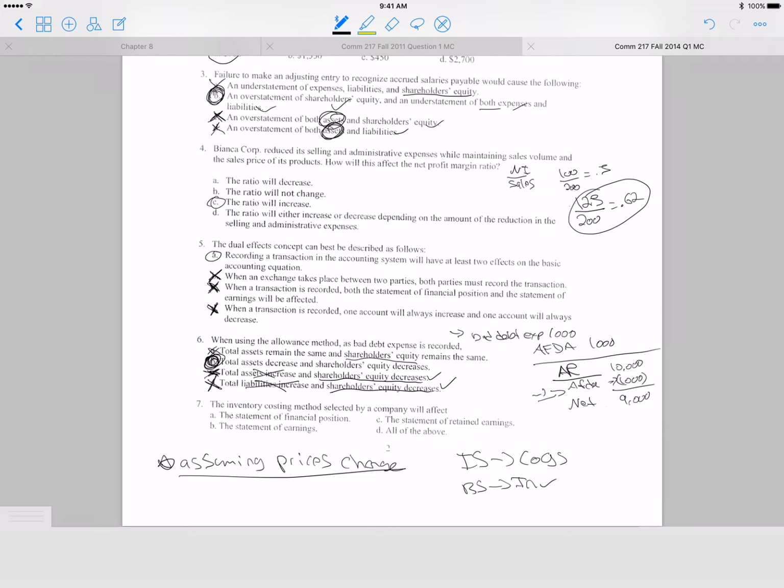So when you're closing your entries, you're going to have a different net income. So that would also cause a different retained earnings account. So A would be correct, B would be correct, and C would be correct. So as a result, all the above would be correct, and the answer would be D.